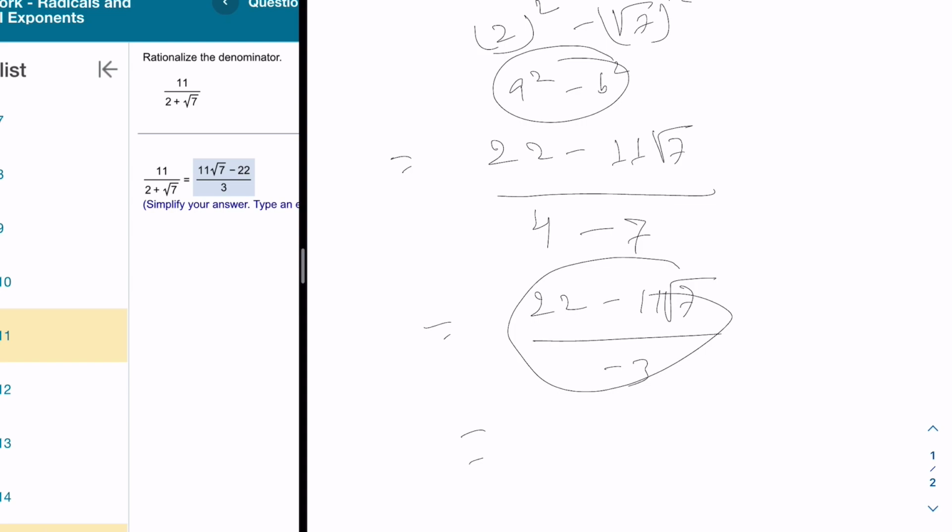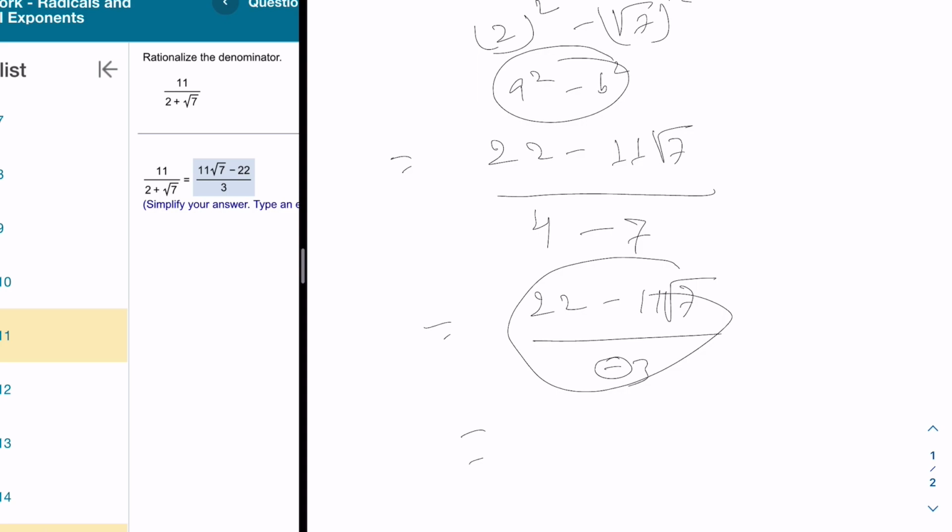Yes, we can, but most of the time try to exclude this minus in the denominator. So let's take this minus out of the denominator.